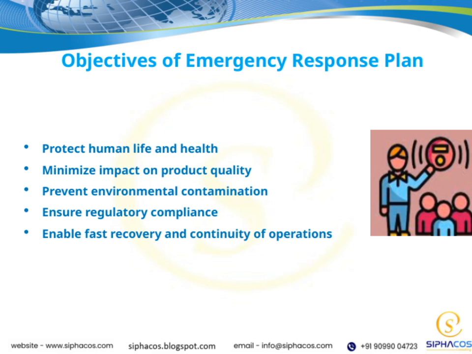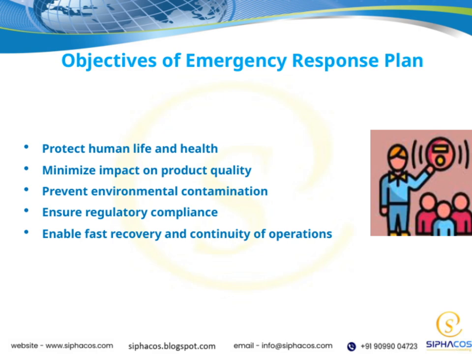Preventing environmental contamination is also a vital goal. We must act swiftly to contain any spills or releases to protect our surrounding environment and comply with environmental standards. Ensuring regulatory compliance is another essential point. We need to follow all relevant laws and regulations to avoid legal issues and demonstrate our commitment to responsible operations.